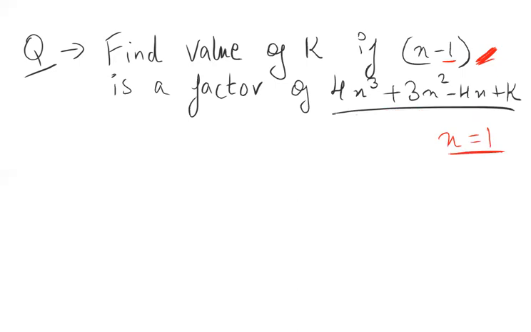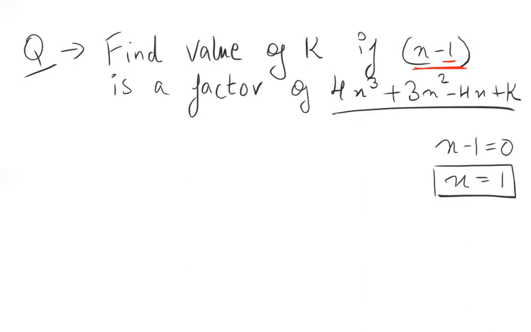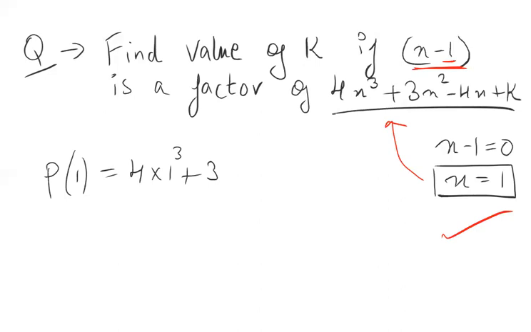And what step did I teach last class? The first step is you have to equate this to 0. So when I equate x minus 1 equal to 0, I get x is equal to 1. Now I will just put x equals 1 in this equation. So p of 1 is 4 into 1 cube plus 3 into 1 square minus 4 plus k, and this whole thing should be equal to 0.